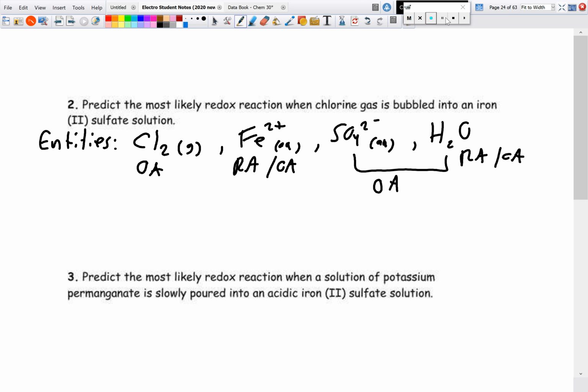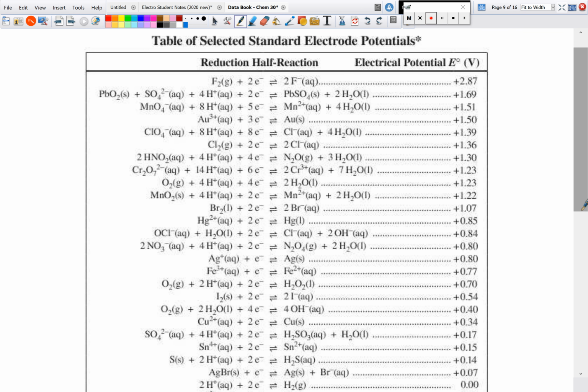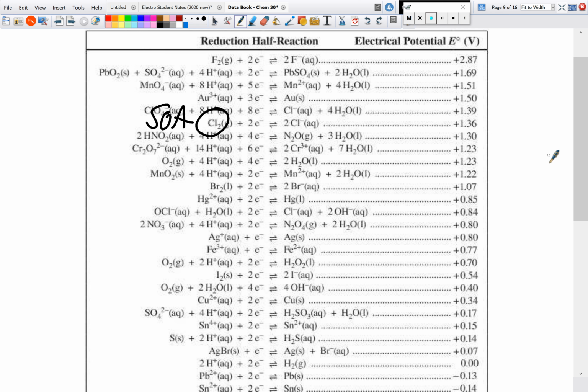Now, of course, when we find which one's strongest, I'll pull up the data booklet here and show you. So you'll notice that our chlorine gas is our strongest oxidizing agent, and our strongest reducing agent out of everything that is listed is our iron 2+, right? Because as a reducing agent, we have water that's all the way up here, so that is not the strongest, so we are not going to worry about that one.